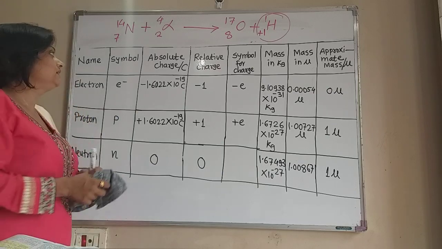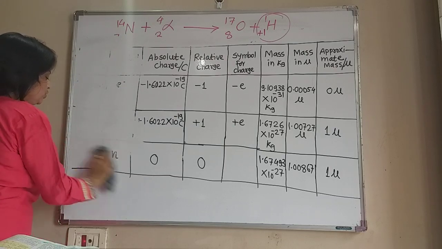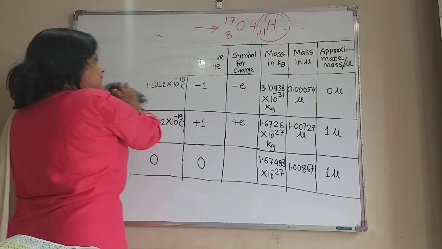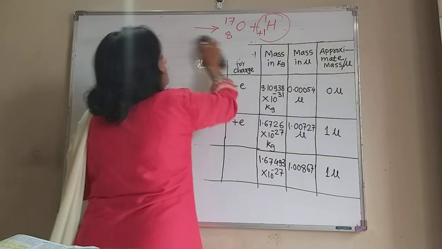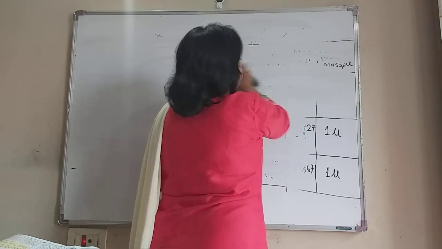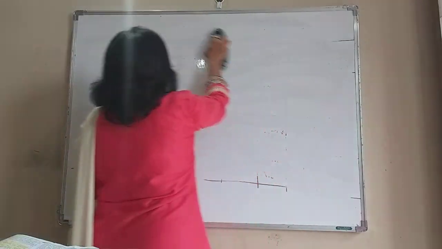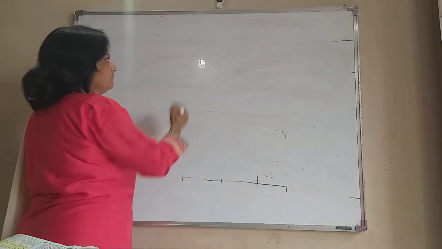Now these particles have mass, and their total number is called the mass number, denoted by capital A. Suppose this is the symbol X for any element.